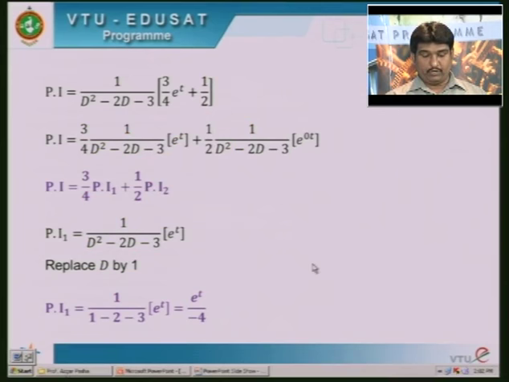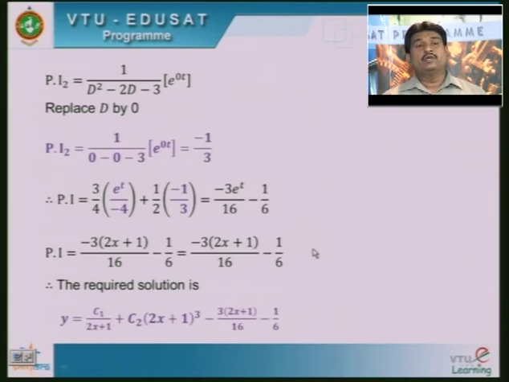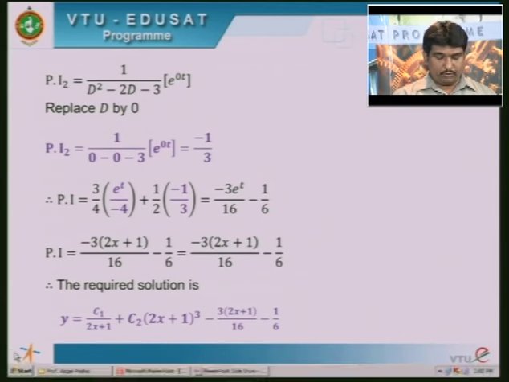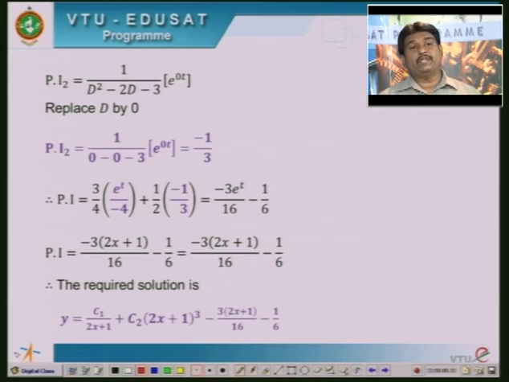This is PI1. Now consider PI2. PI2 is 1/(D² − 2D − 3) operated on e^(0t). Now we have to replace D by 0, and the denominator becomes 0 − 3, which is nothing but −1/3.